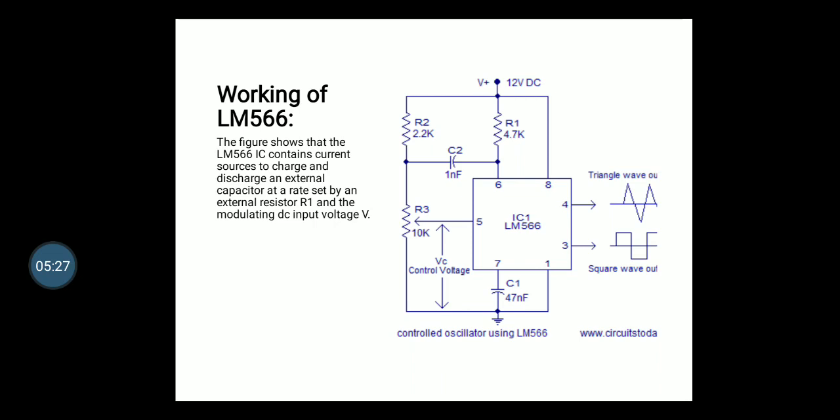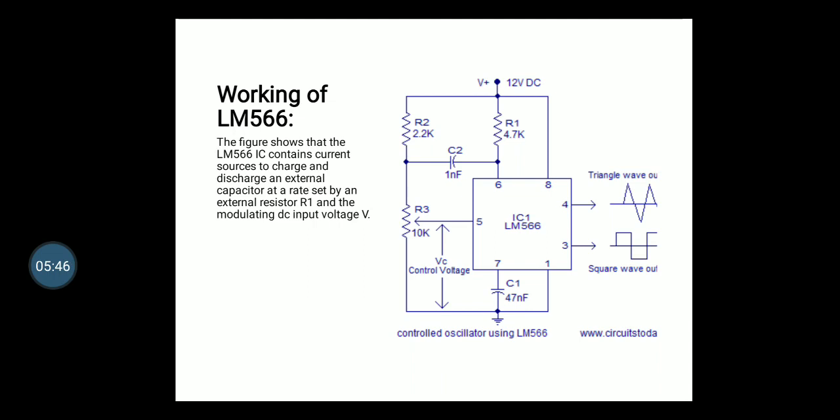When the voltage of the capacitor exceeds 0.5 VCC during charging, the output of the Schmitt trigger goes low. The capacitor now discharges, and when it reaches 0.25 VCC, the Schmitt trigger goes high.